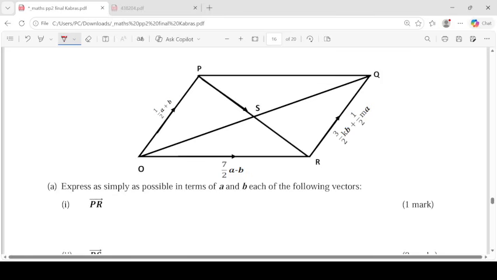Let's look at PR. How will I move from P to R? I have to know that PR can be PO plus OR.